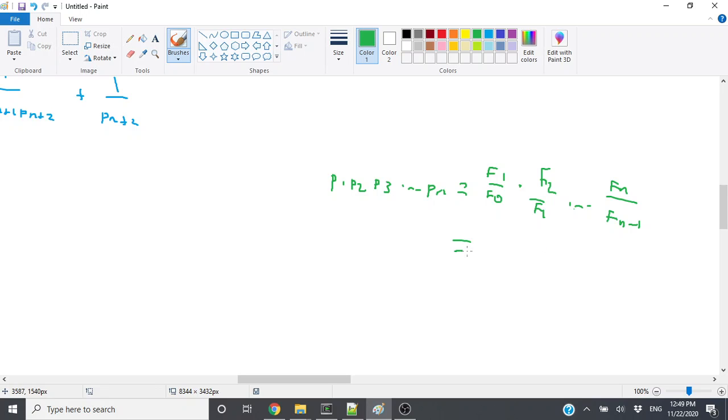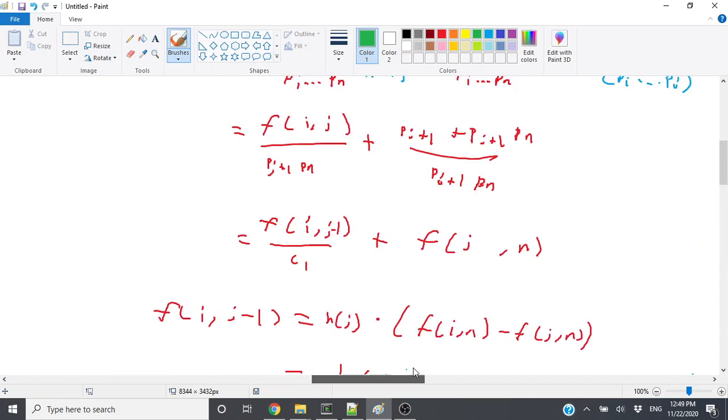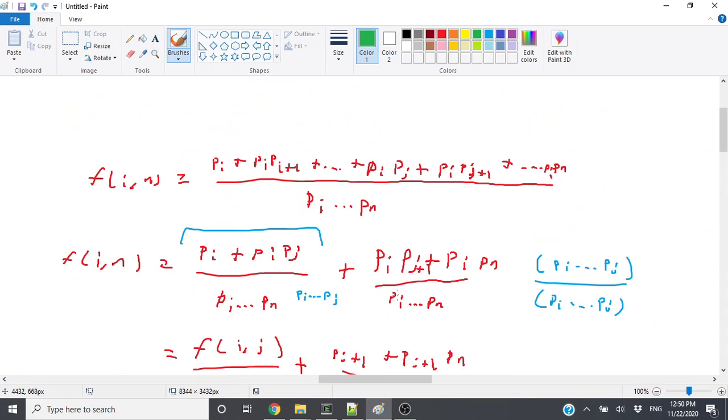So it's telescoping, so it just becomes f of n over f of 0, which is quite cool. So actually all of these values are quite easy to do.